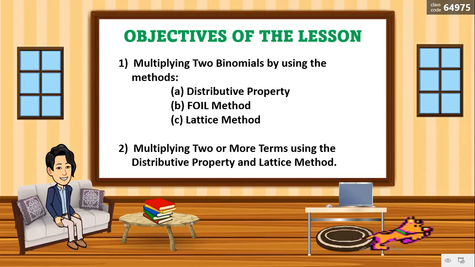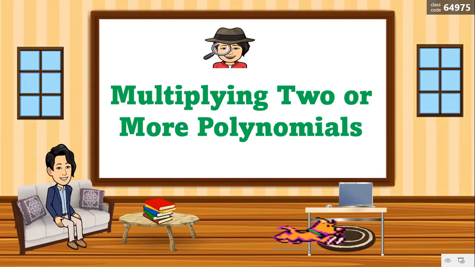Okay, so with that, let's have first multiplying two or more polynomials. But before that, kailangan dito ma-review or ma-recall po natin yung mga law of exponents. Sige nga, let's have recall first. What are the law of exponents that we discussed last week? Sige nga, can you give me Lyle Marie Bumatay?